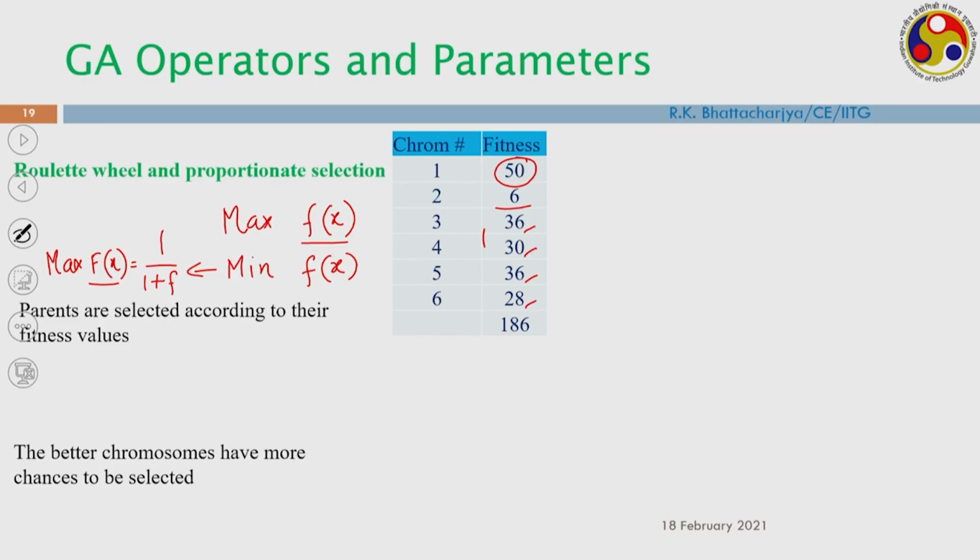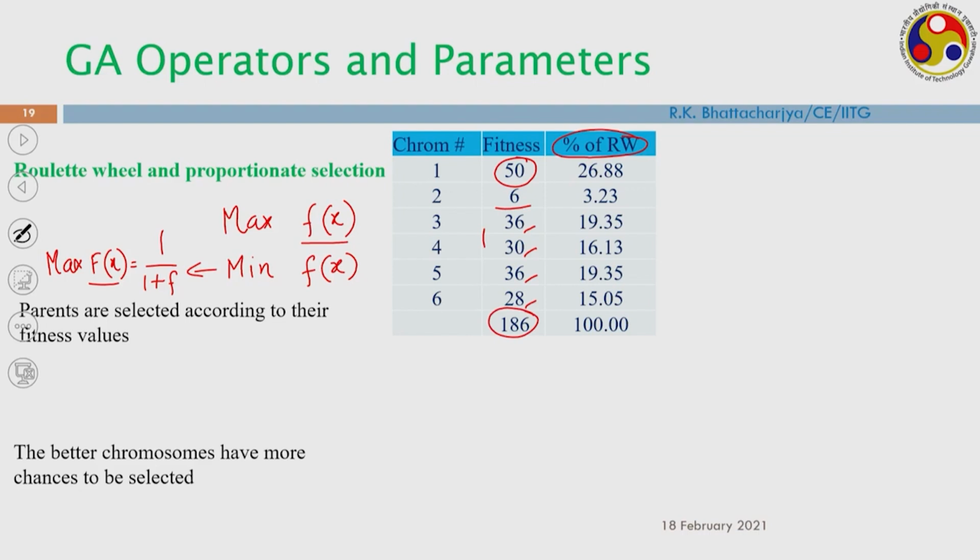Now, we have to apply the roulette wheel concept to find multiple copies of the best solution, and I would like to eliminate the worst or inferior solution. Next we will calculate the percentage for the roulette wheel. The total of the fitness values is 186.